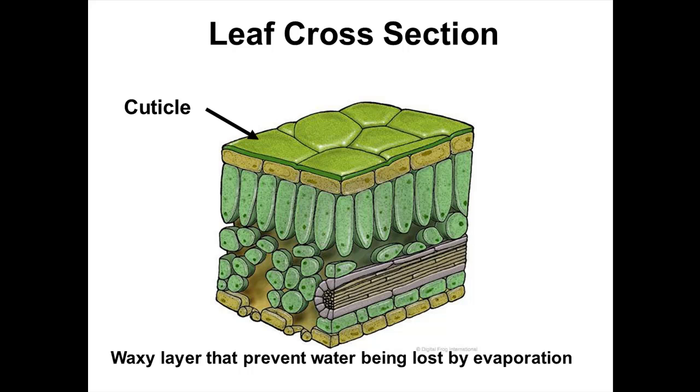And it just prevents water loss, water being so crucial to the process of photosynthesis. It's one of the reactants in that process. So not enough water or losing too much water would prevent the efficient production of food, or store of energy through photosynthesis.